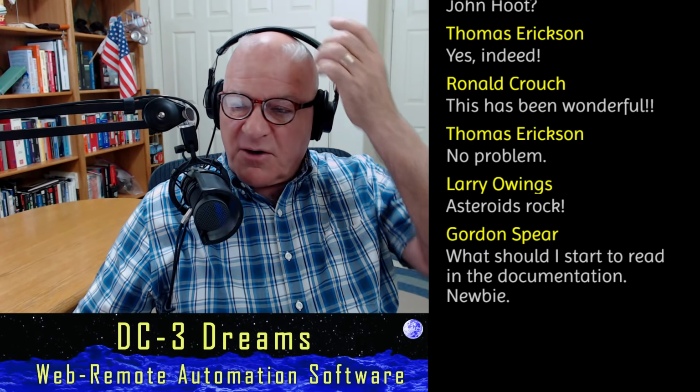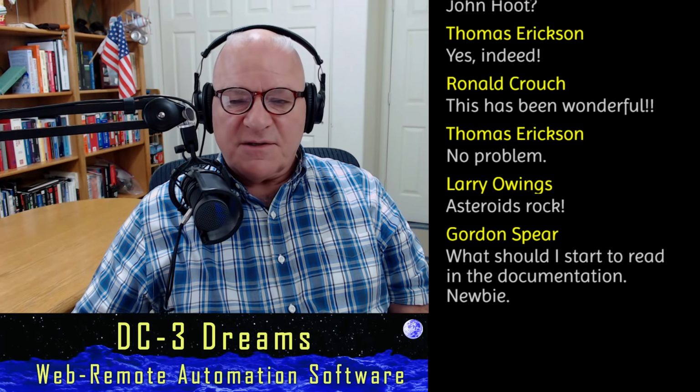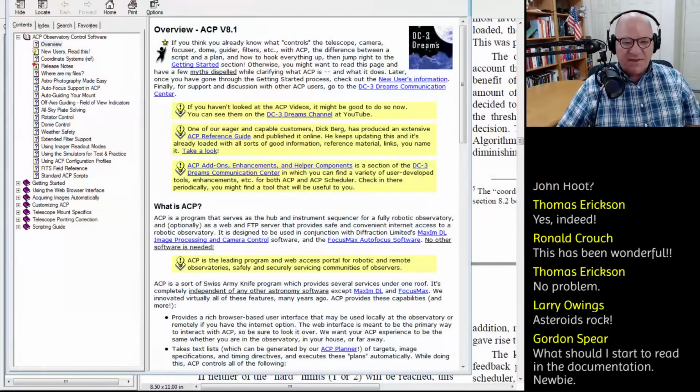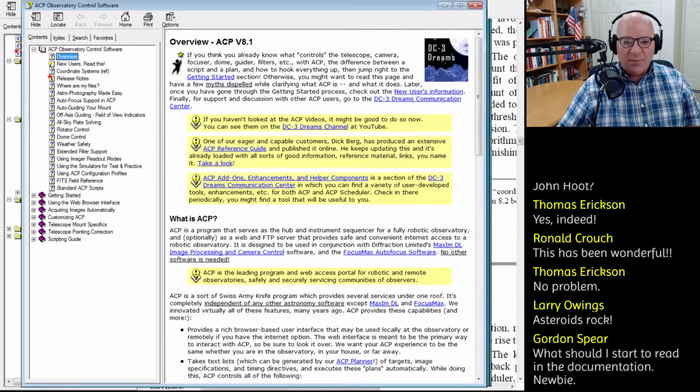Newbie Gordon Spear, the thing I would suggest before you even get into the scheduler is that you get the basic ACP running with live plans. And I'm going to show you the ACP help application, or the window for that, quickly. And that would be this thing, ACP help.